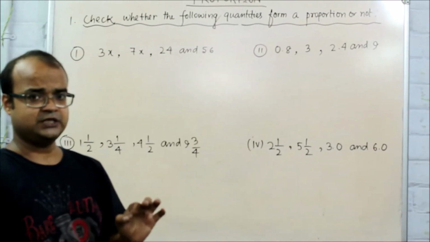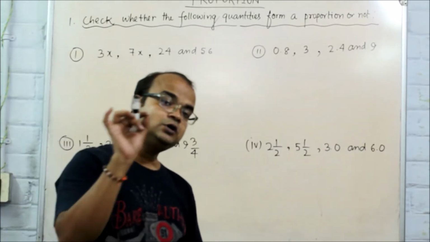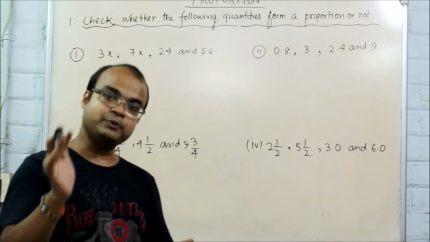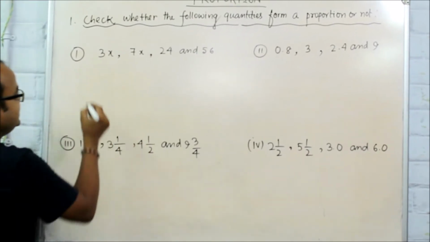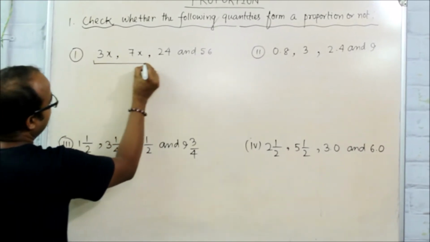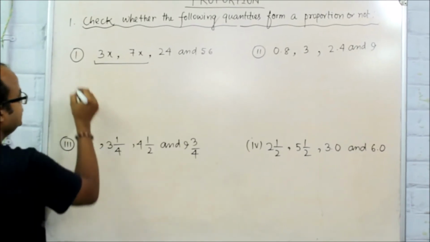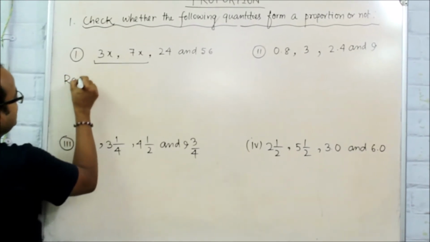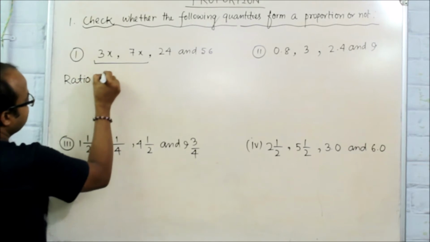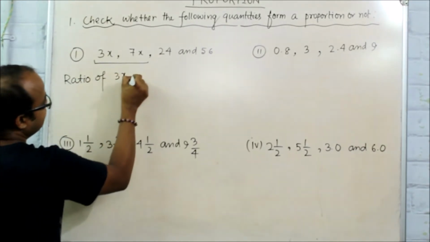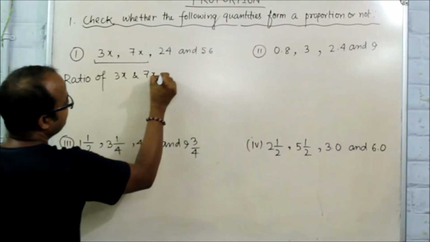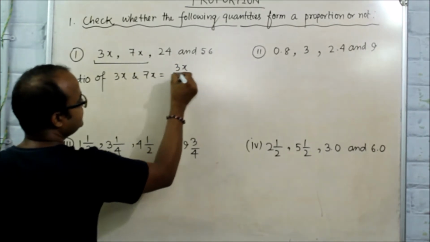So there are two ways to check this. First is to find out the ratio of first and second. So the ratio of 3x and 7x is equal to 3x by 7x.